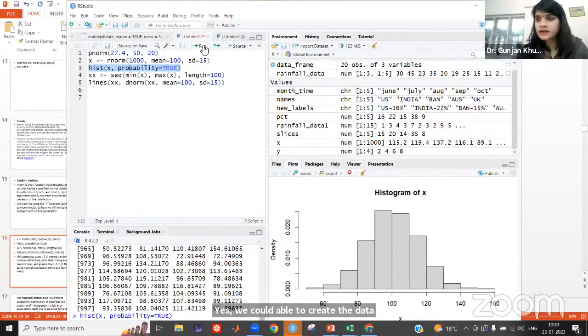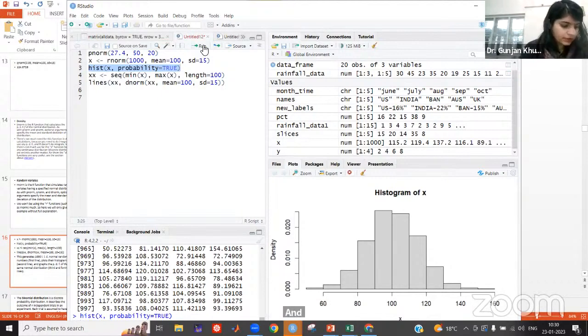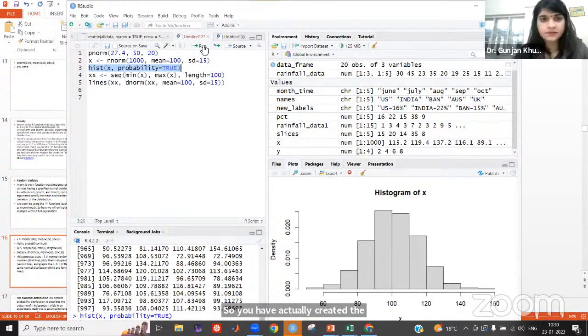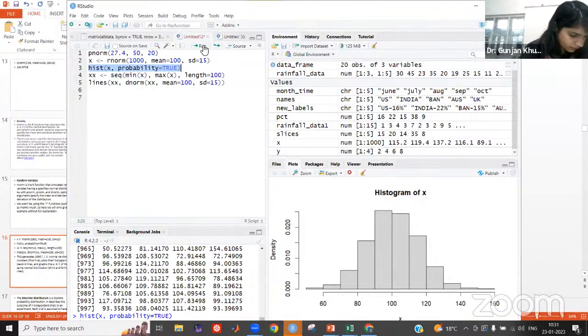And you can see that data also. So you have actually created 1000 random numbers with mean 100 and standard deviation 15. Now just run the next command, histogram, hist x, probability is equal to true.